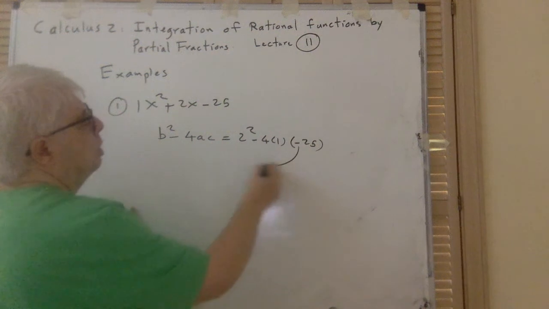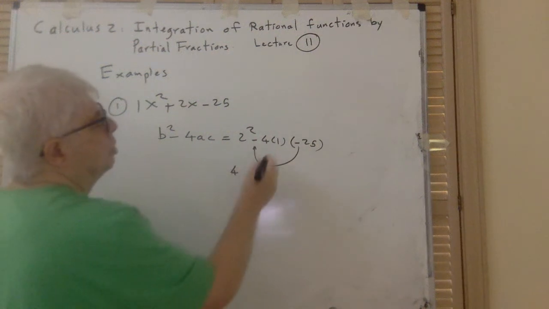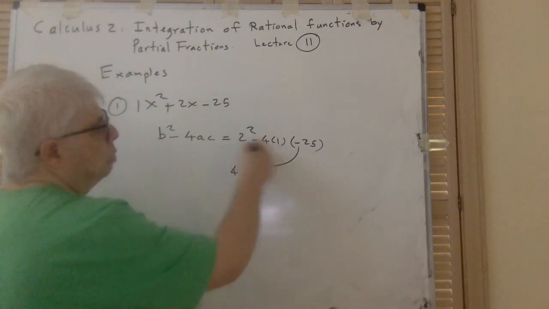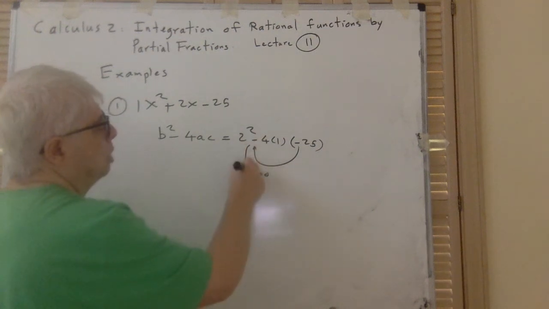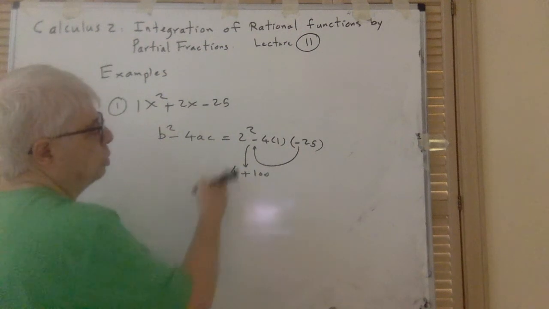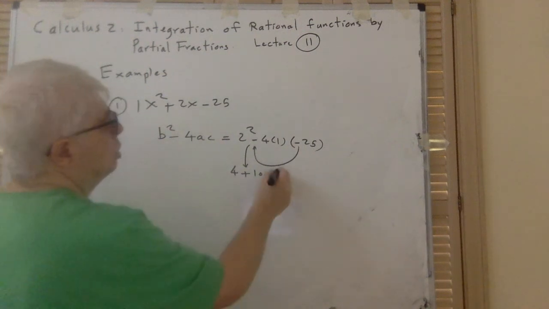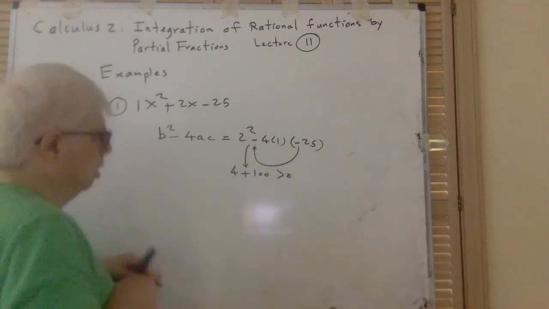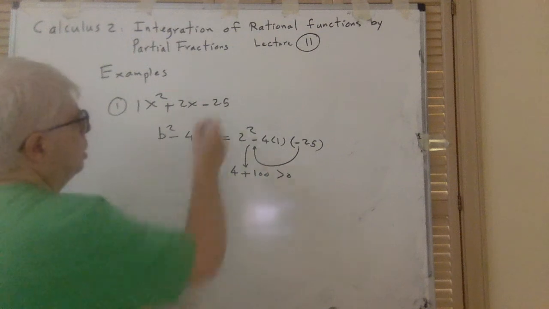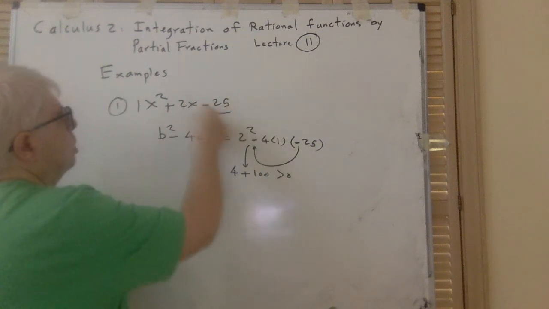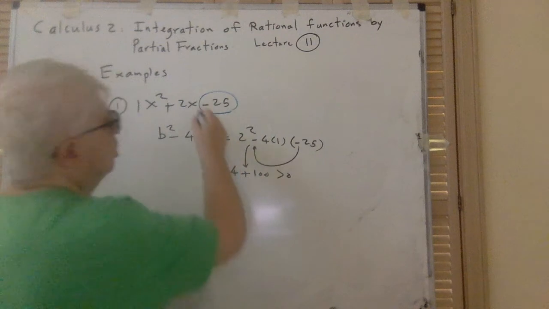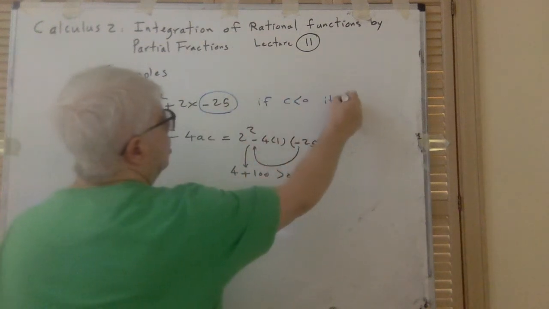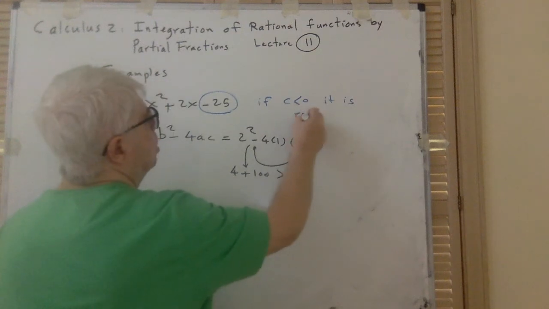So minus and minus gives me a plus: 4 plus 100. And b squared is also positive because it is something squared. So it is telling you that this is reducible. If c is negative, it is reducible.